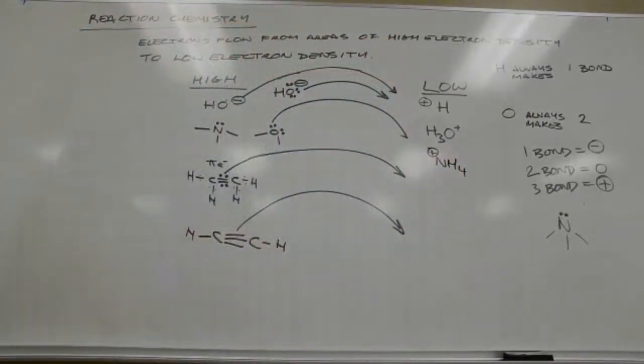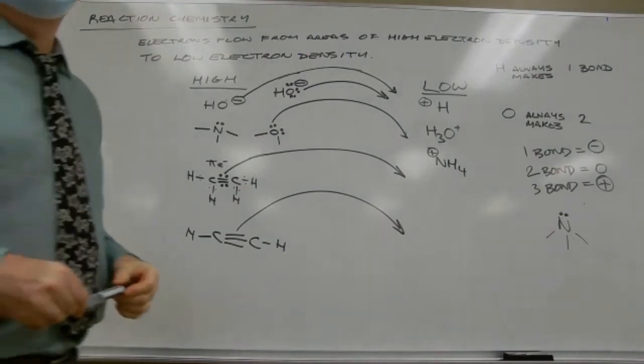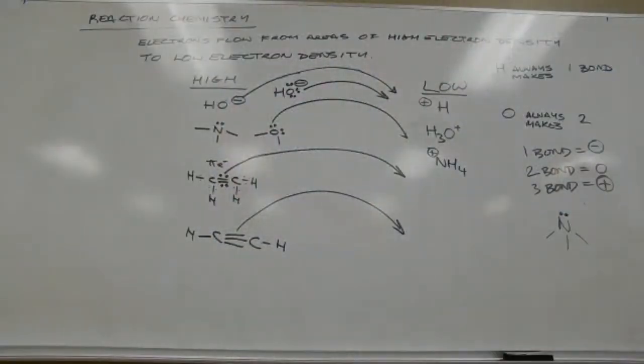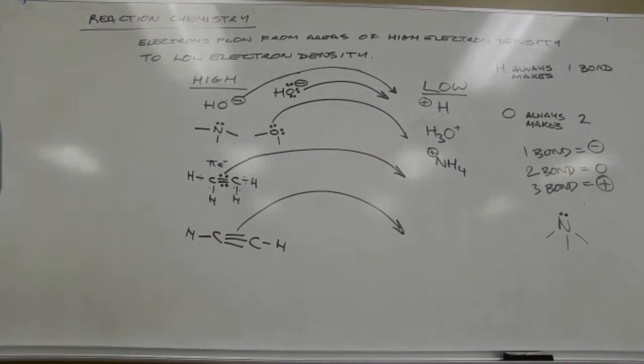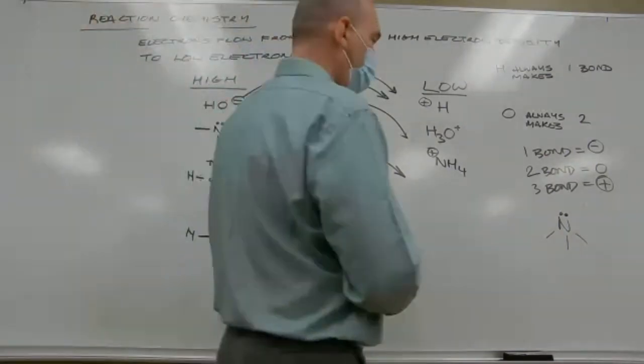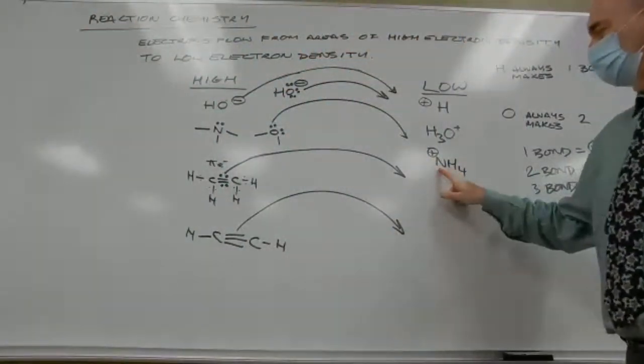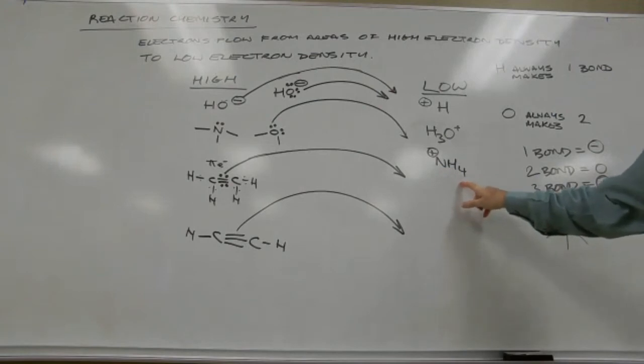So things that could be on the receiving end be this. Now, our rule breaks down a little bit when it gets to carbon, because carbon is different than oxygen and is different from nitrogen in that it doesn't have a lone pair of electrons. Carbon always makes 4 bonds. If I take a bond away from a carbon, NH4, yeah. That's plus, and an N, and an H, and then a subscripted 4.